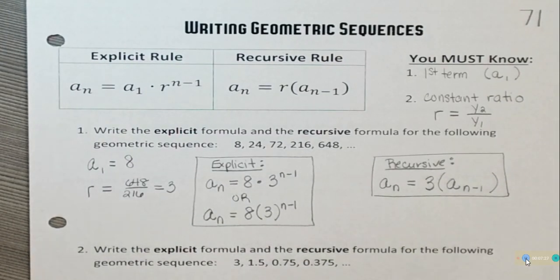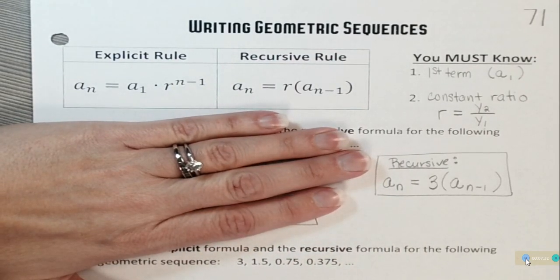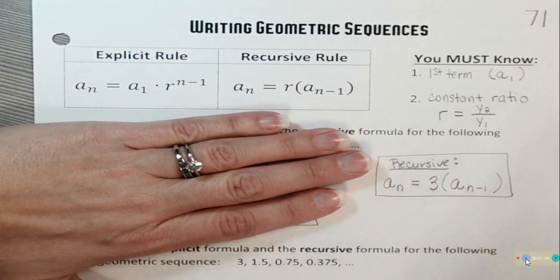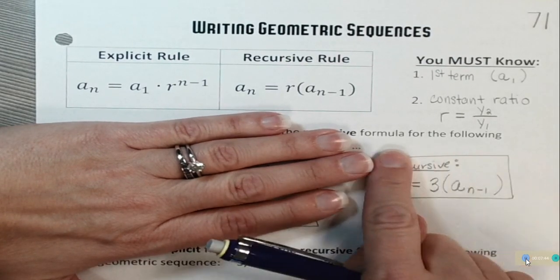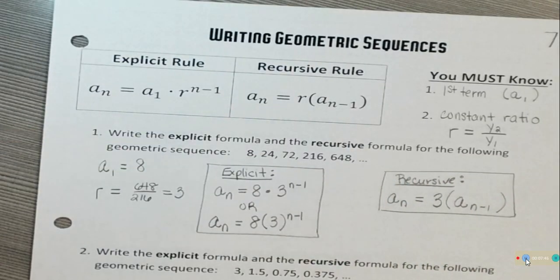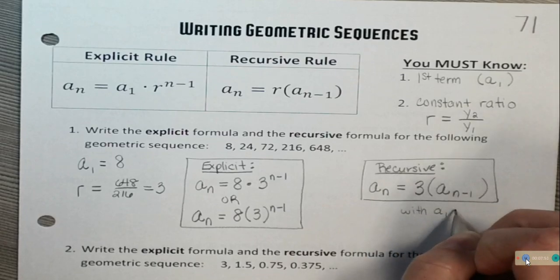Now, if all I gave you was this, the rule, the only thing you can tell me is I'm multiplying by 3. But if I don't tell you where to start, you can't actually carry out the rule. So a lot of times, now I put a box around the rule. We'd have to follow that up with a side note, kind of like with an A1 equal to 8.